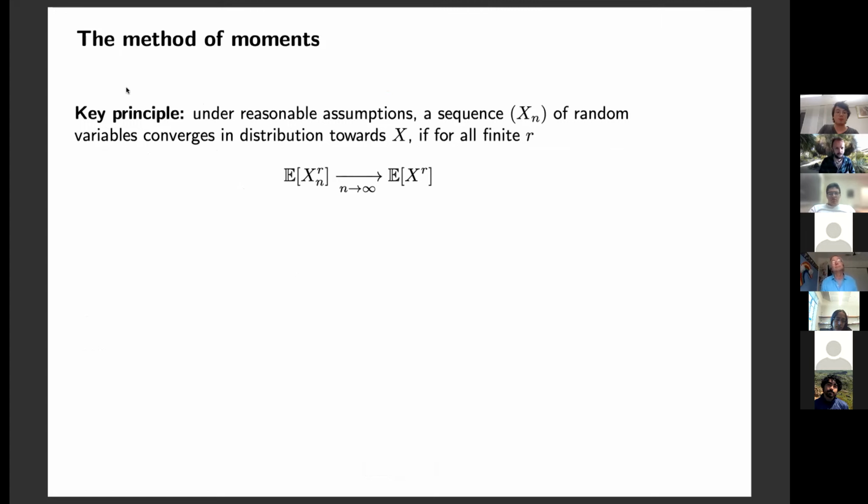The key principle is the method of moments, which roughly says that if I have a sequence of random variables and, under some reasonable assumptions, all the moments of my sequence converge to the moments of my target distribution X, then Xn converges towards X.